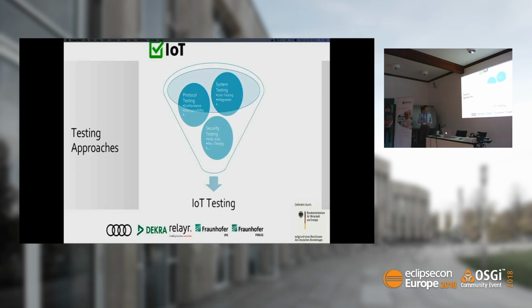We see all those known things coming together and defining IoT testing. So IoT testing is nothing new to consider, but it's a set of things we already know, which we have to put together and make work together across the different areas of testing.